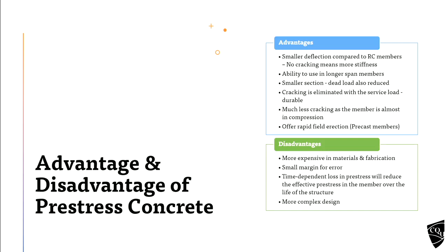So we should go for larger span, or we can reduce the section height. If we have the fixed span, we may have a lesser section, because it has better bending capacity. So that is one thing.